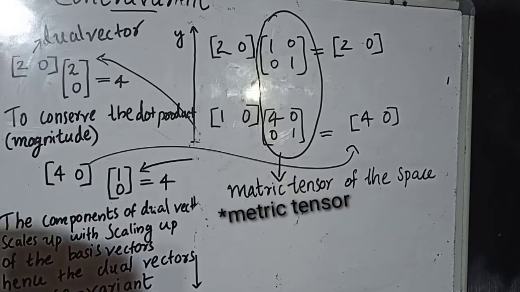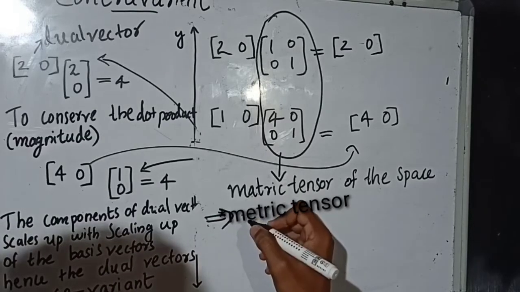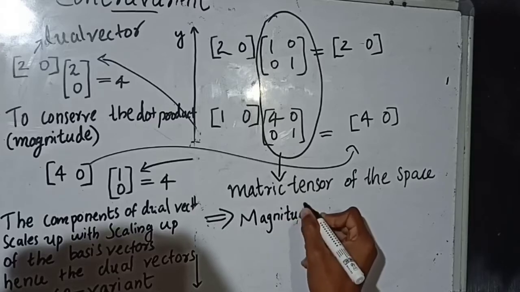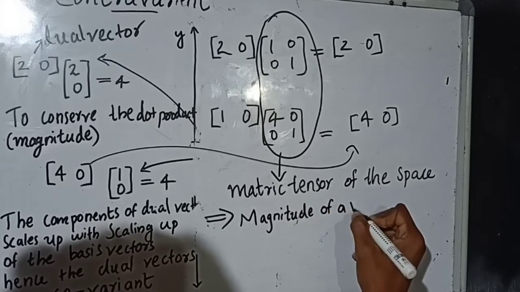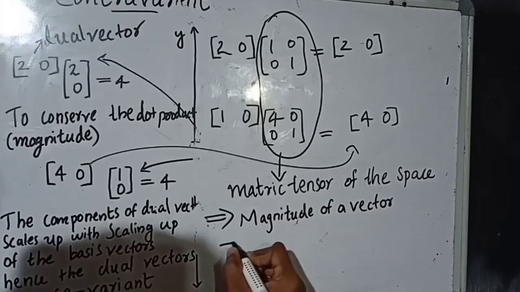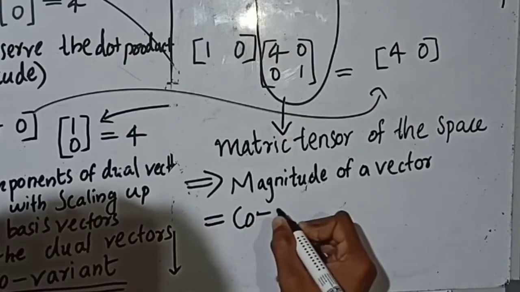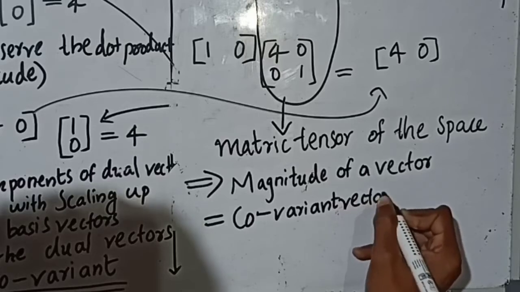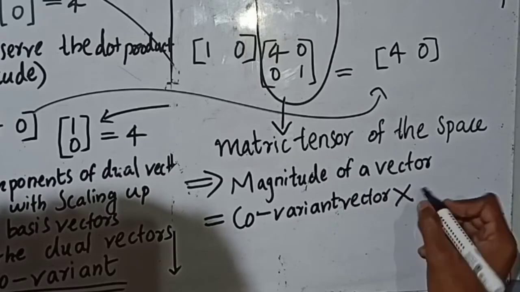So from all this we can see that the magnitude of a vector, or the dot product of a vector with itself, is a covariant vector times a contravariant vector.